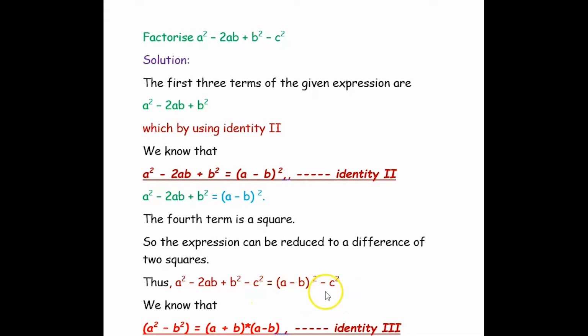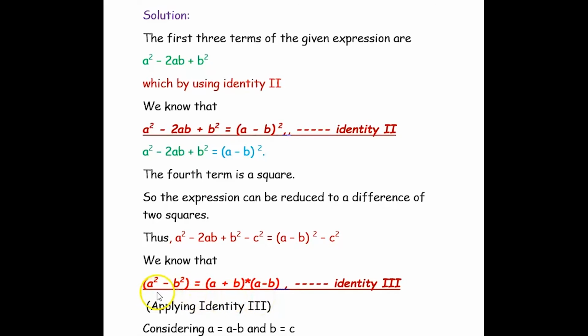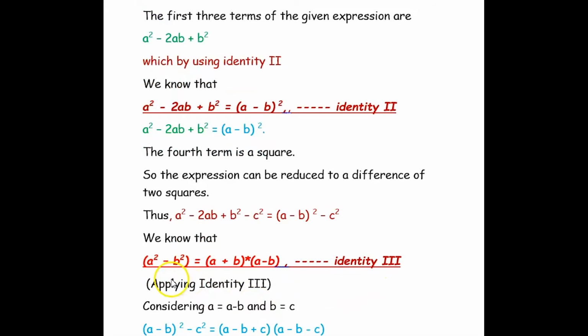So it is a difference of 2 squares. We know that the difference of 2 squares, a square minus b square, equals a plus b into a minus b. That is identity 3. We apply identity 3 because this is of the same type.